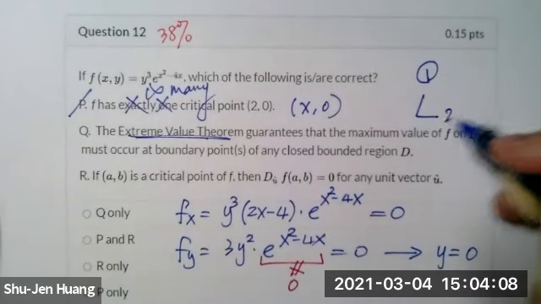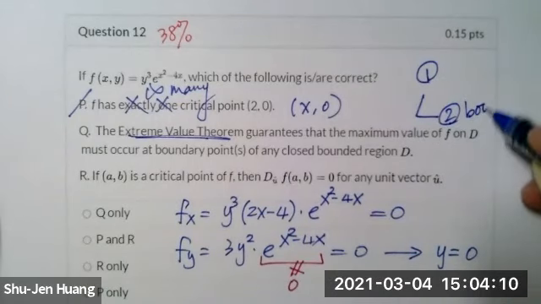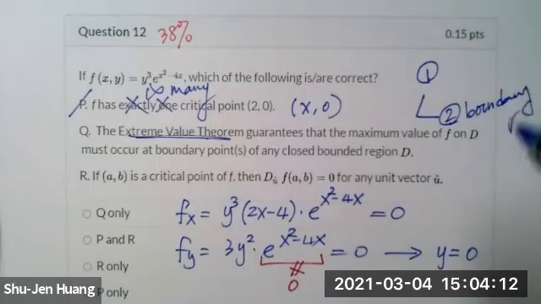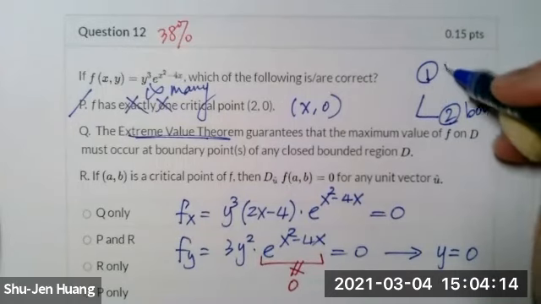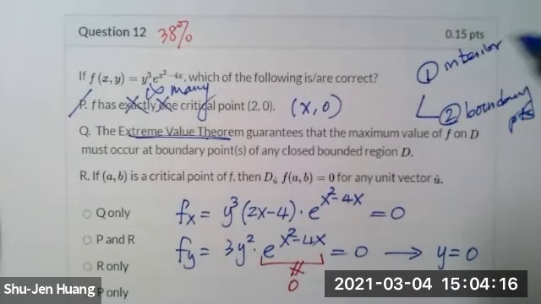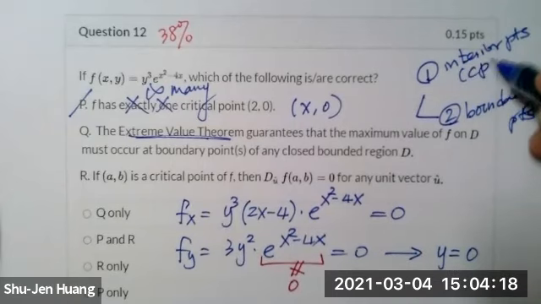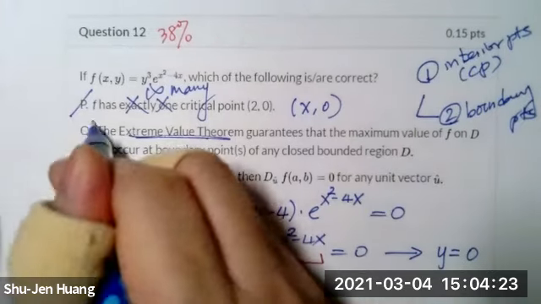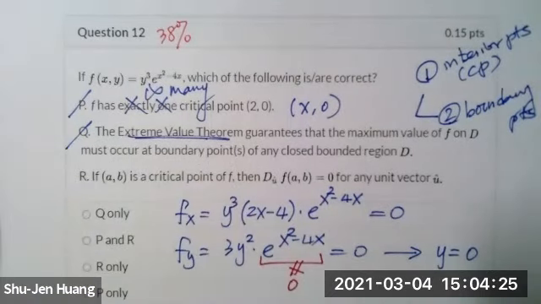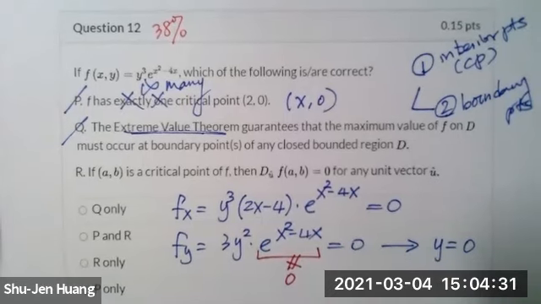The first is the interior point, and the second is the boundary point. For the interior point, we just need to consider where we have the critical point. So that means Q is not correct. We also need to consider the critical points inside the region. Is that good? And now let's look at R.